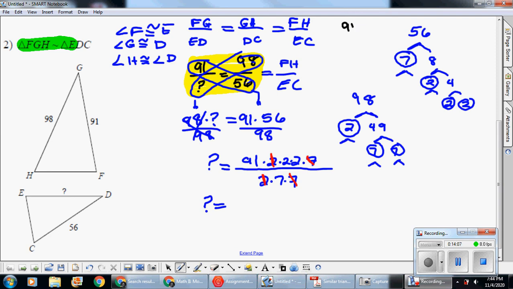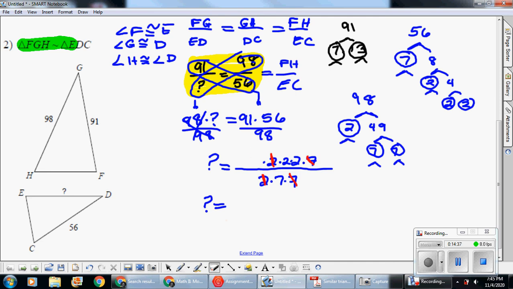I learned that the factors of 91 are 7 multiplied by 13. Factors of 7, can I use 1 or 7? Cannot do that, it's prime already. Factors of 13, can I use 1 or 13? That is prime already. So I have to fix this.